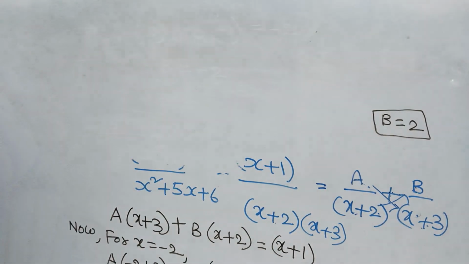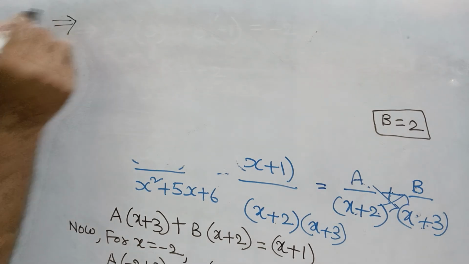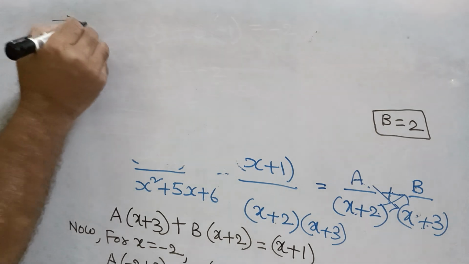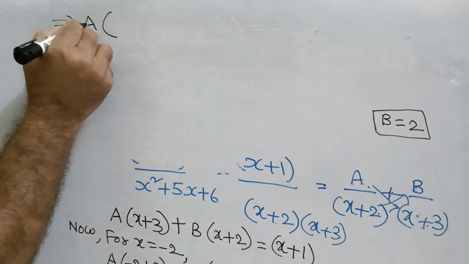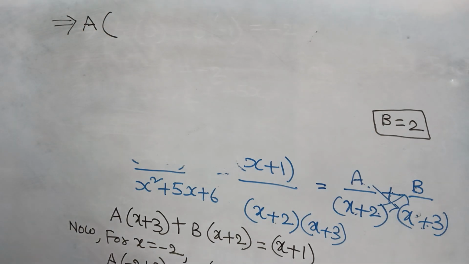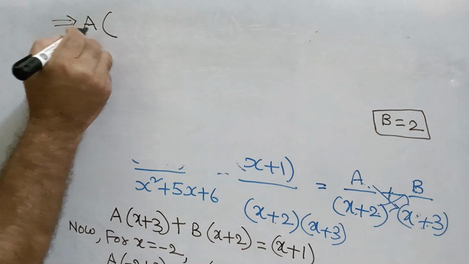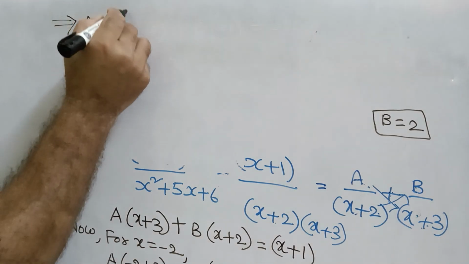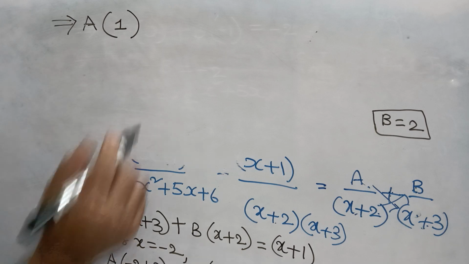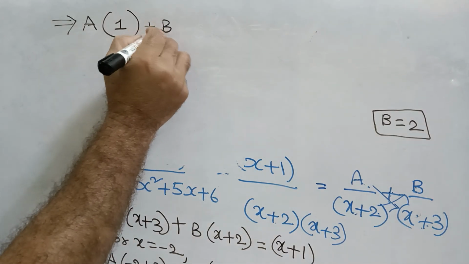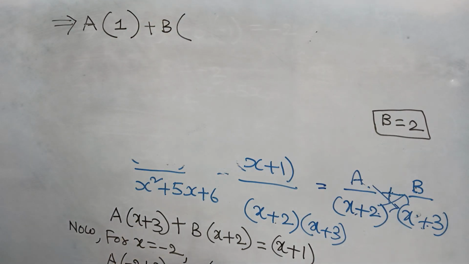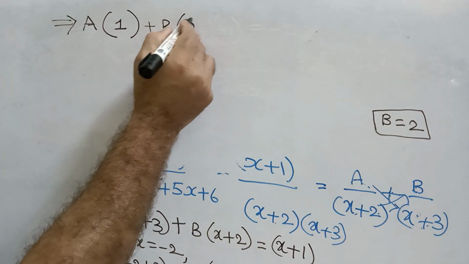Now the next step will be like this. A into minus 2 plus 3, it is 3 minus 2, that is 1. Plus b into minus 2 plus 2, it is 0.